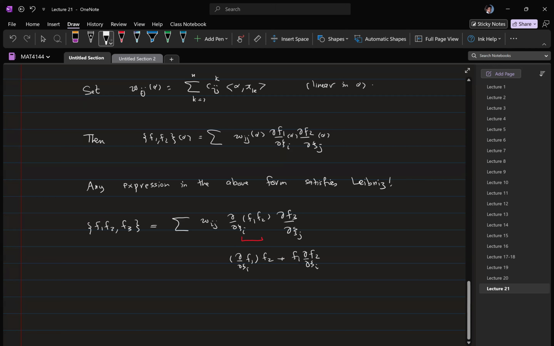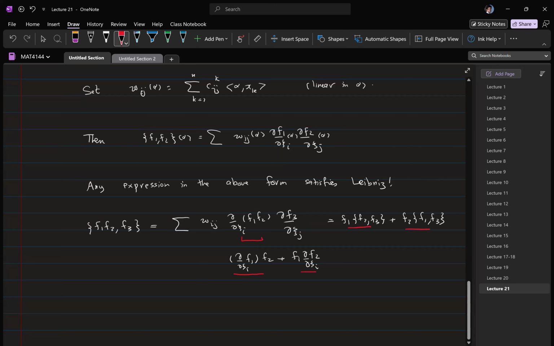And then I expand and I see that I can rearrange the terms in the form of two sums, the first being F1, F2, F3, the second being F2, F1, F3. Okay. So these guys go in here, these guys go in here.